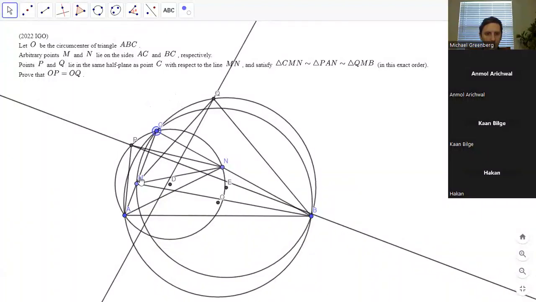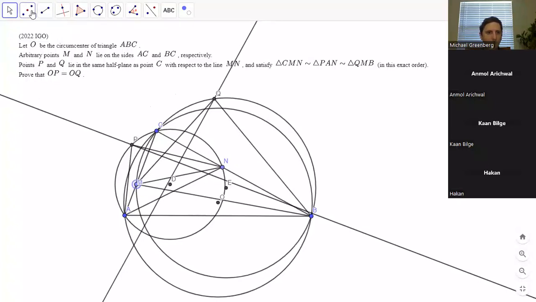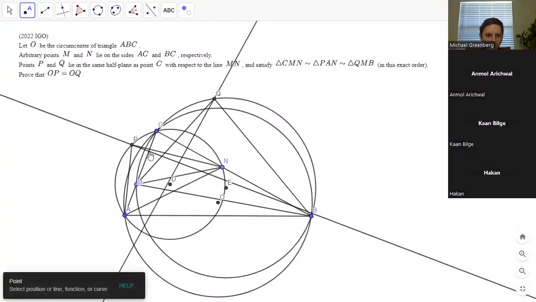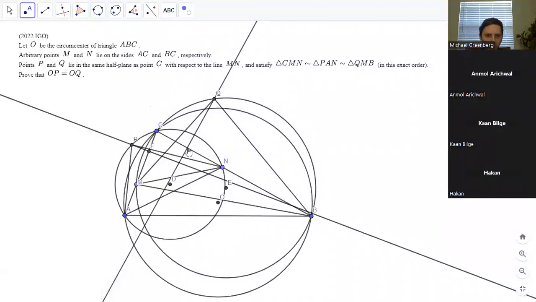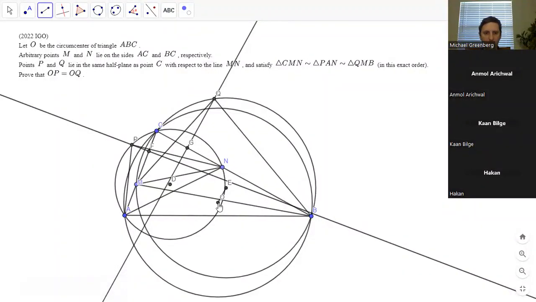Yeah, it's hard to make it look perfect, but I want to show that PF over QG is OE over OD, and that would solve it.